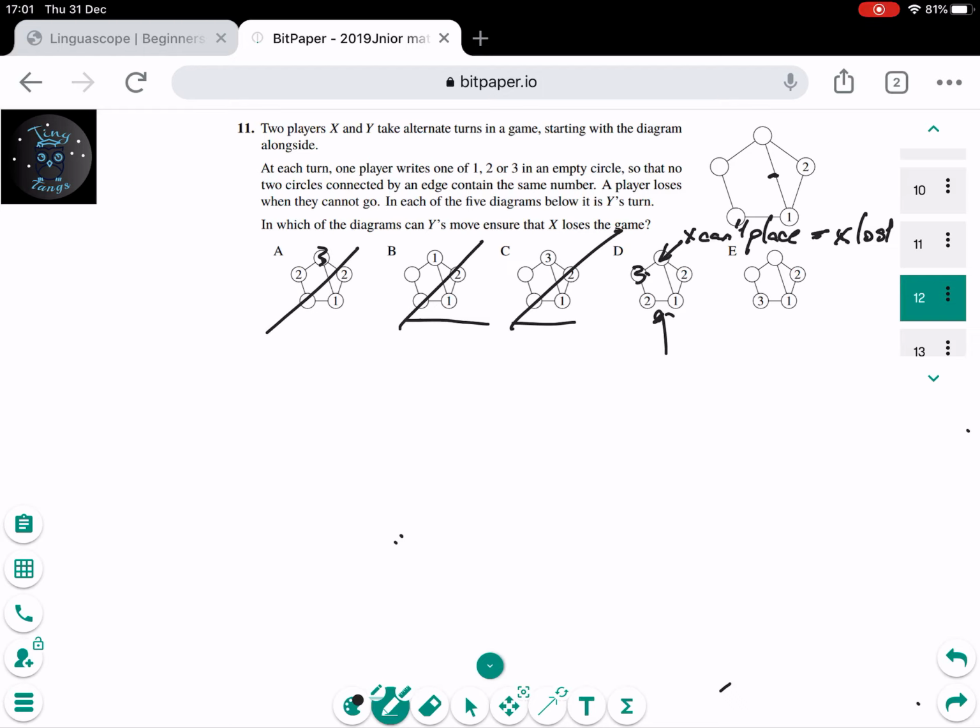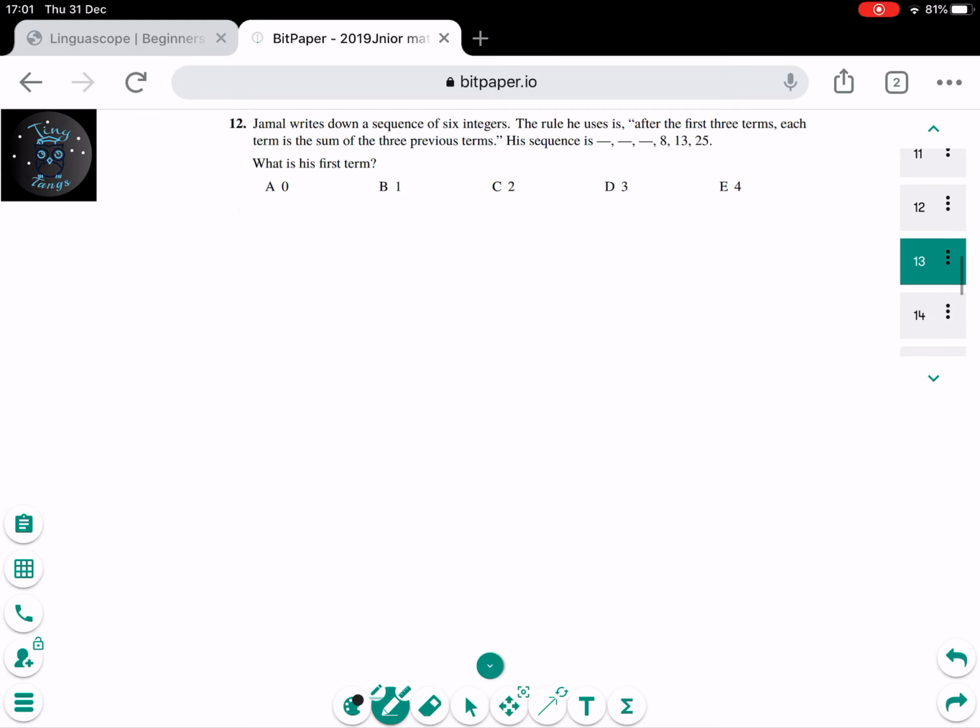But you need 3 to make sure X can't place there, but 3 is already used here, so Y can't place 3 in that box. So this needs to be 2 or 1, which is already restricted, so this one won't work too. So the only working option is D.